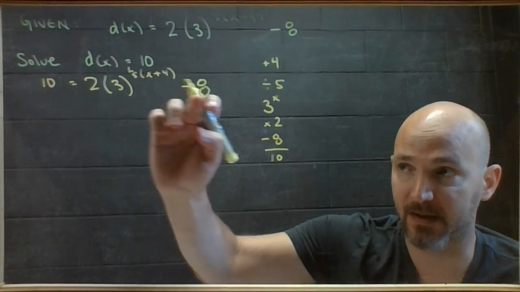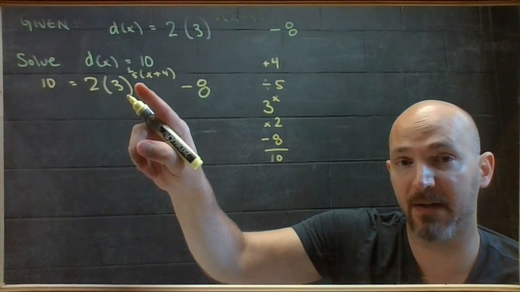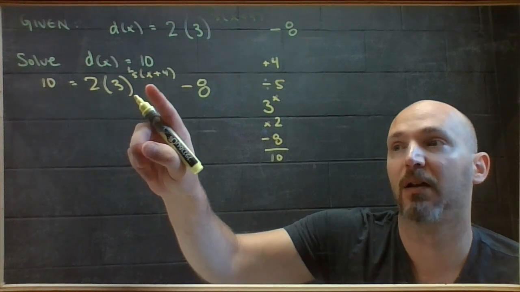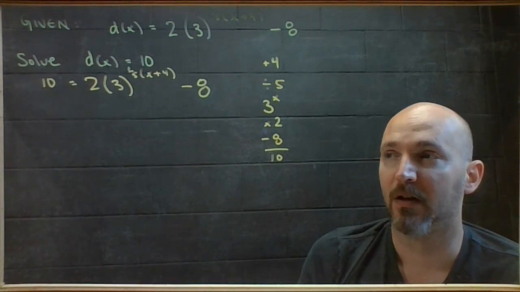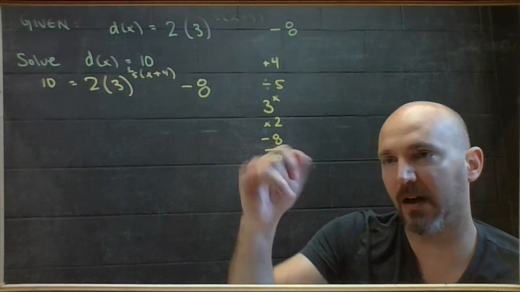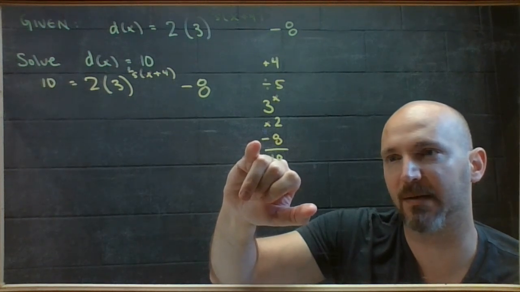So that's what this line says. Take some number, add 4, divide it by 5, put that in the exponent on a 3, double your answer, from that subtract 8, you'll have 10. So if you sort of go through and logic your way through this, I did this last. How would I undo this subtracting 8?